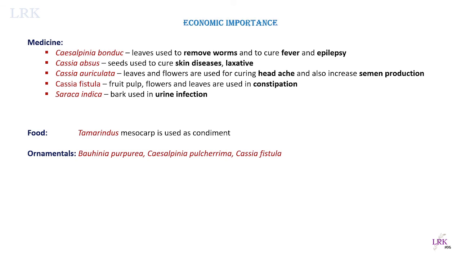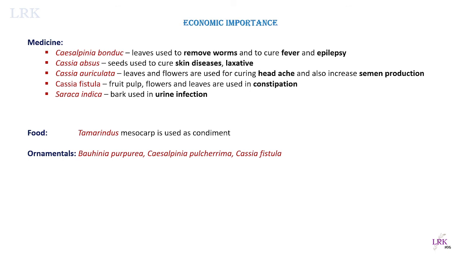And regarding its economic importance, some of the plants are medicinally useful. We can see what the medicinally useful plants in this family are. Caesalpinia bonduc, leaves used to remove worms and to cure fever and epilepsy. And Acacia, seeds used to cure skin diseases, and they are laxative also.